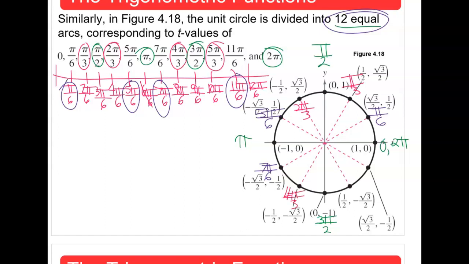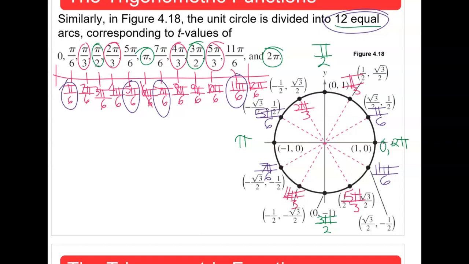The next one will be 3 pi over 2. Then we will have 5 pi over 3. And then finally we will have our 11 pi over 6.